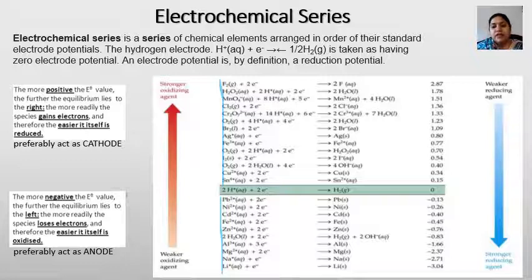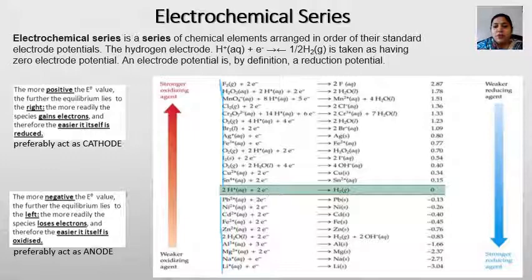If we talk in terms of oxidation, all the elements having positive values are weak reducing agents with less tendency to get oxidized, whereas all the elements having negative electrode potential are good reducing agents with a very good tendency to get oxidized easily.